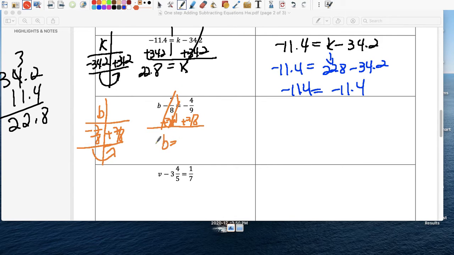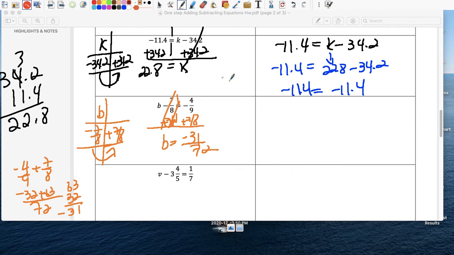B comes down. So let's do negative 4/9 plus 7/8. We have to find a common denominator. It's going to be 72. Negative 32 plus 63. It's going to be something over 72. Negative 31. My answer is going to be negative 31 over 72.